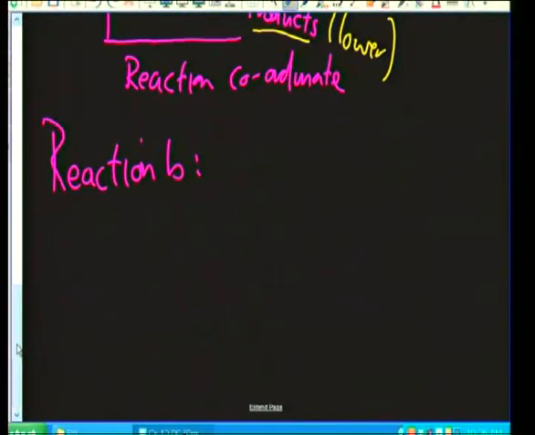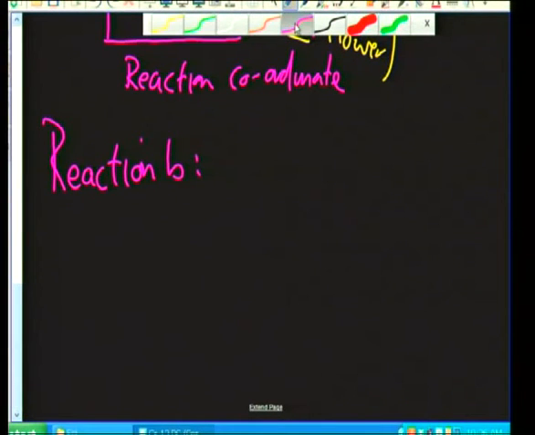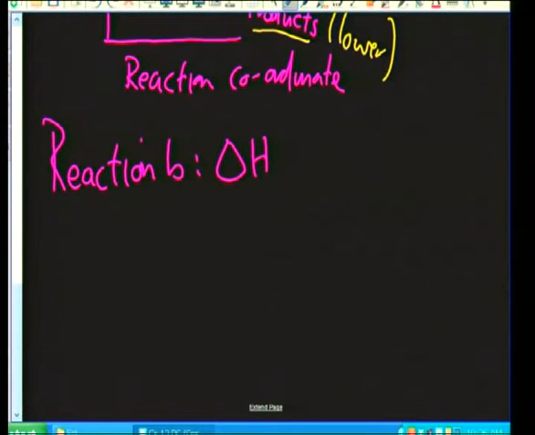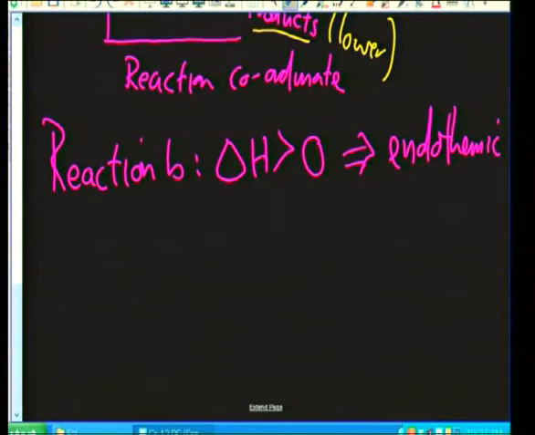So what we're going to say, for reaction B, we've got the following. We've got delta H is positive. It's greater than 0. This means that it is an endothermic reaction.